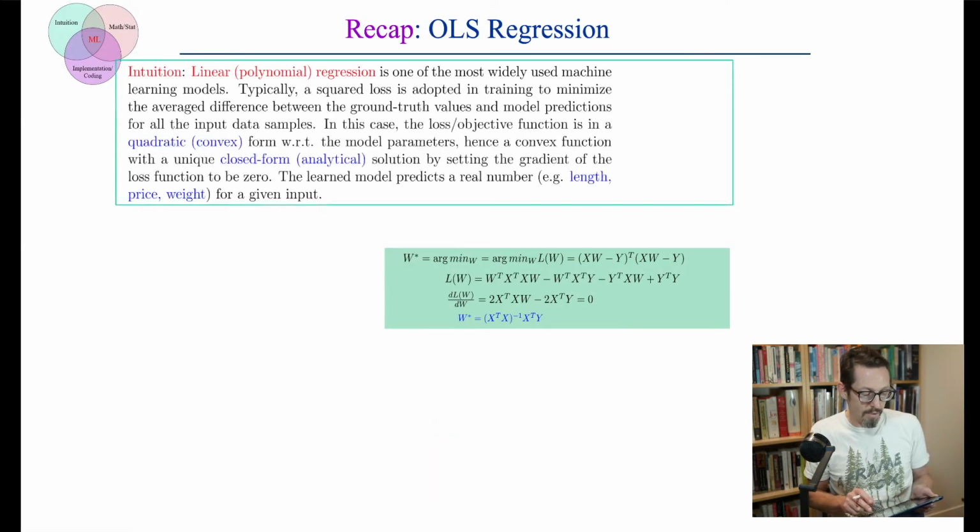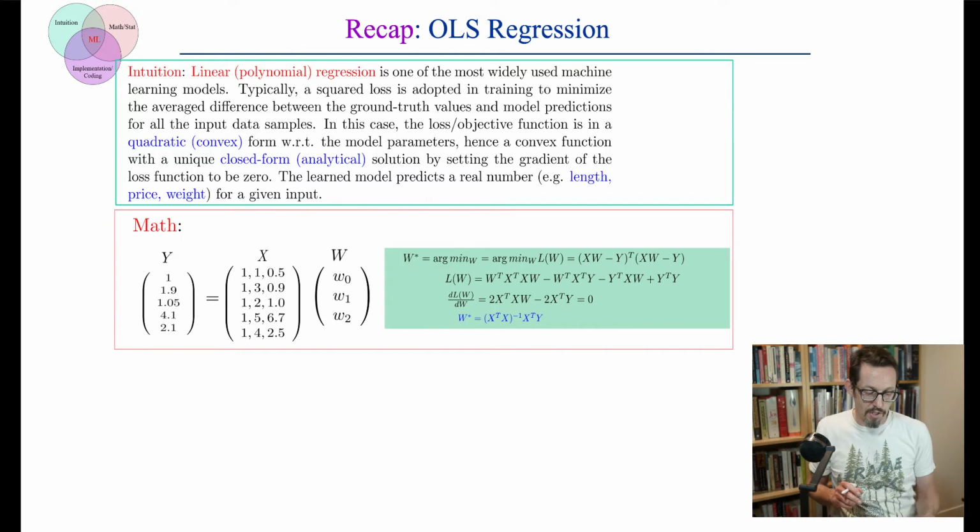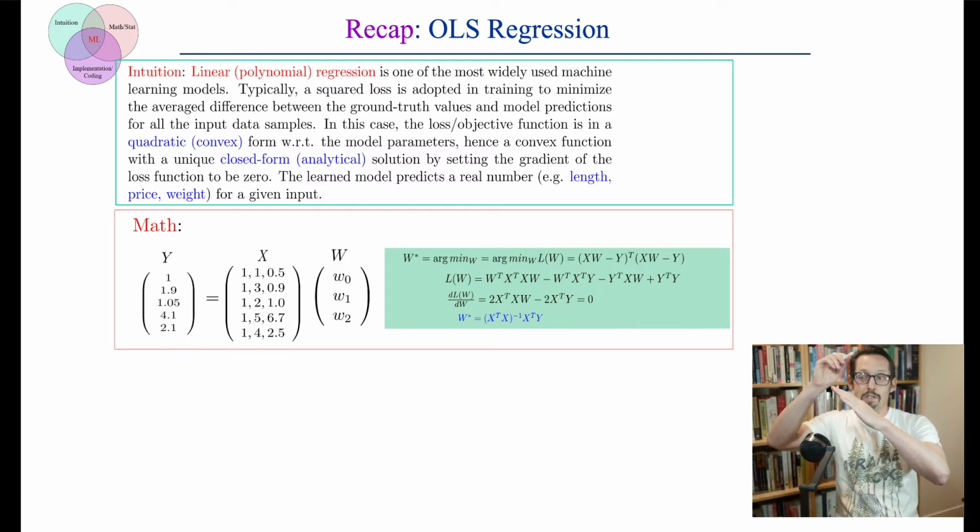So let's just recap everything. Our intuition is that we're trying to fit a loss function. We're trying to make that loss function be the lowest it can possibly be. And we make it the lowest it can possibly be by setting these parameters to minimize, in this case, the error between the fitted line or plane or polynomial and each individual noisy data point, okay?